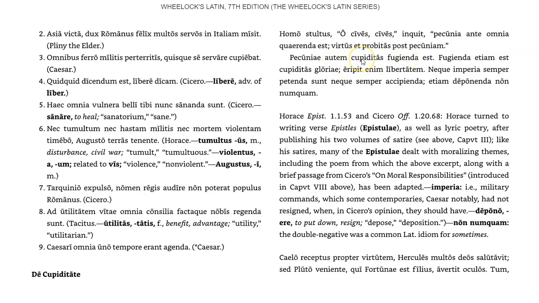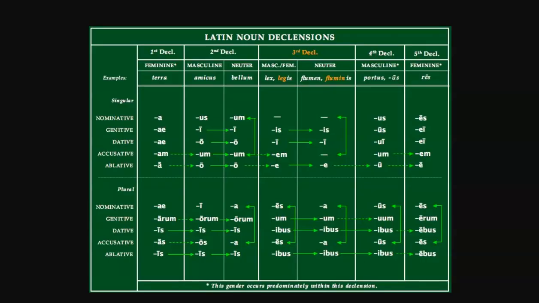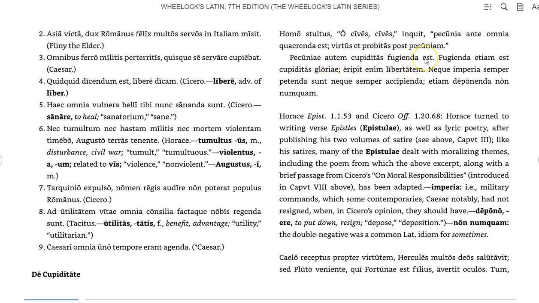But longing for money, notice for money, that's going to be, since pecunia is first declension, there's our first declension dative singular. So remember, dative is to or for whom something is done, in this case for money. But longing for money is to be avoided.